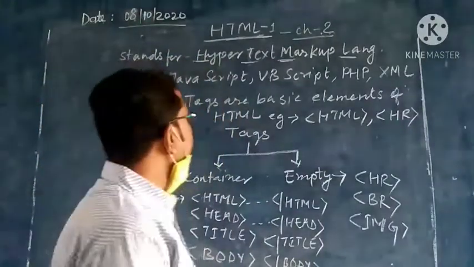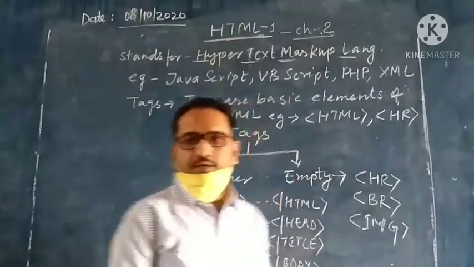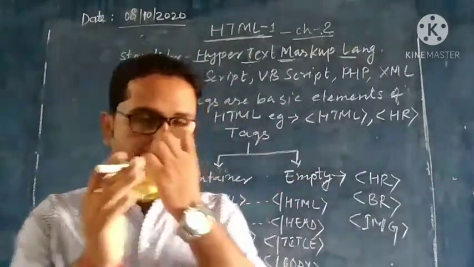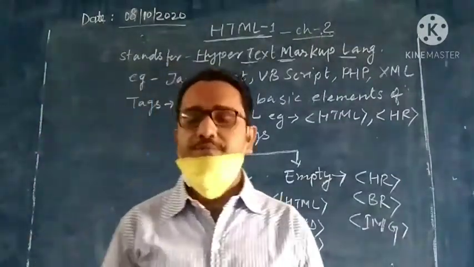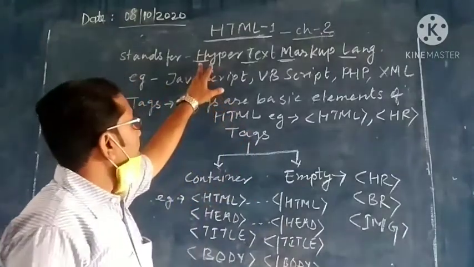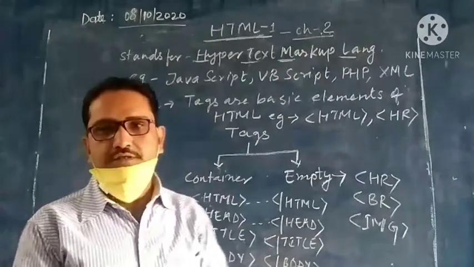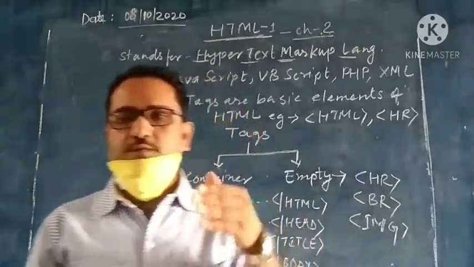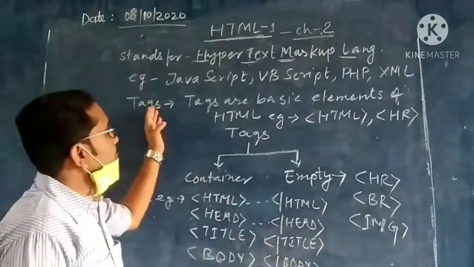HTML stands for Hypertext Markup Language. This Hypertext Markup Language is used to create web pages over the internet. The word Hypertext Markup Language means it is a language which is marked by using some codes.